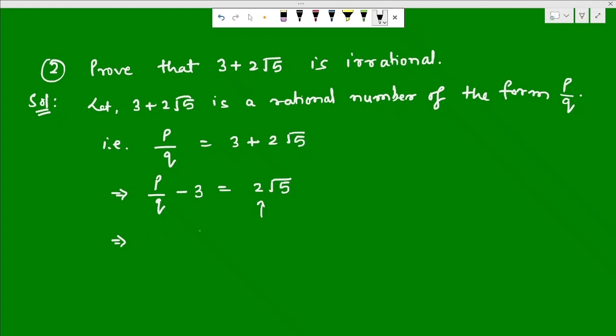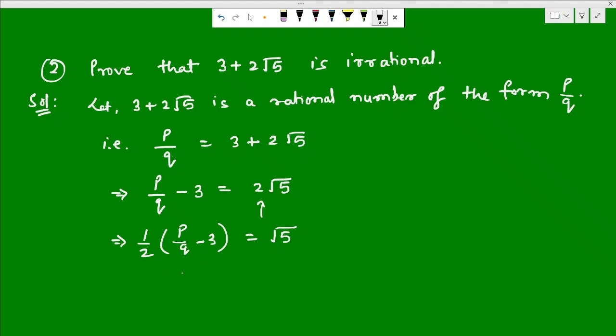When it gets transposed, it will come in the denominator, as here it is in multiplication with root 5. So when it transposes to LHS, it will go in the denominator, which we can write as half into p upon q minus 3, and in RHS we are left only with the square root of 5.